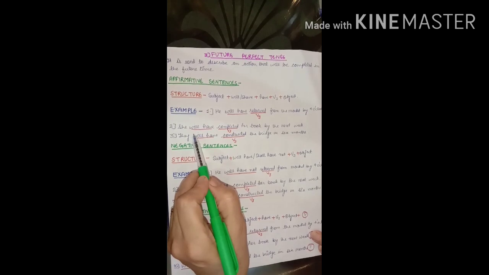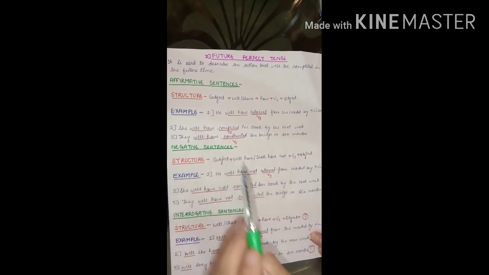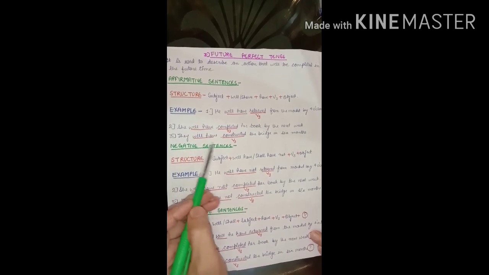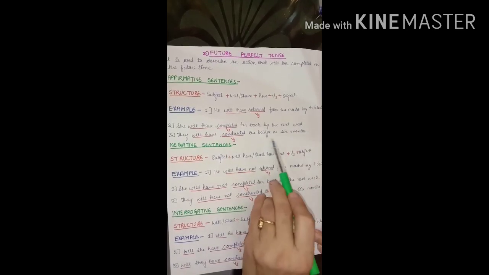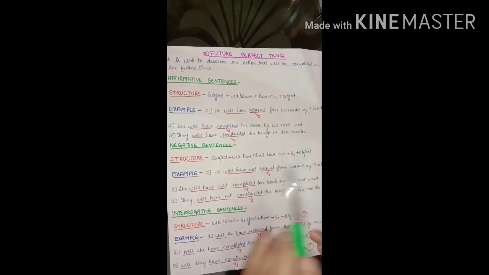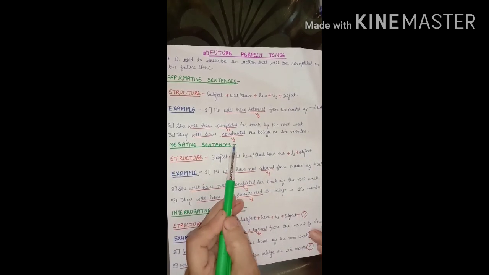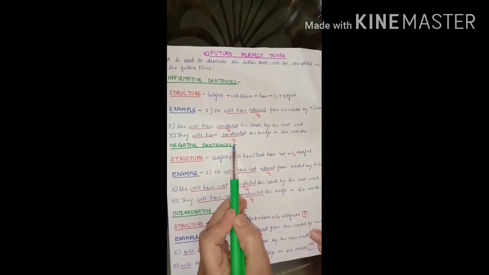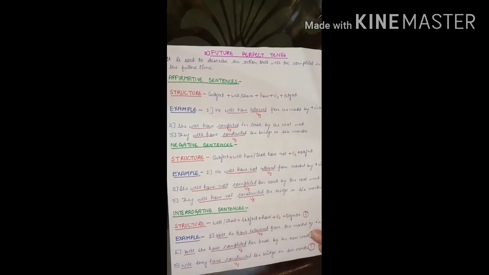Some work is supposed to be completed in the future time by the next week. They will have constructed the bridge in 6 months. Bridge construction activity is expected to have completed in 6 months.